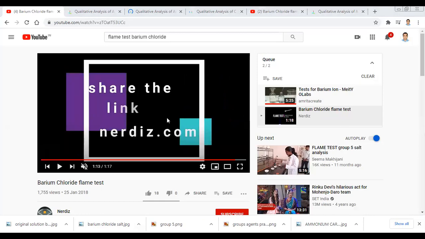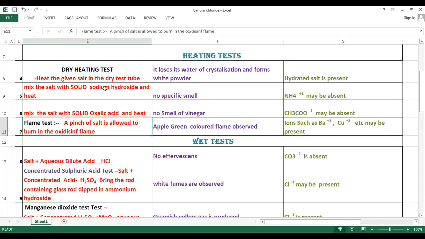So we have seen the flame test, my dear students. A pinch of salt is allowed to burn in the oxidizing flame. Apple green colored flame is observed. Some people call it grassy green colored flame, and thus we can say that ions such as Ba+2 and Cu+2, etc.